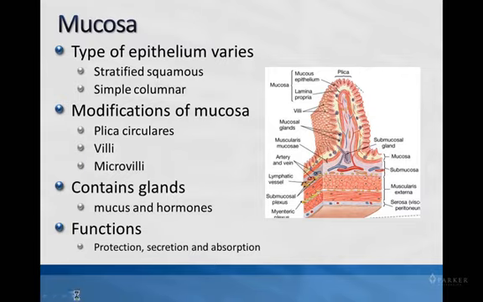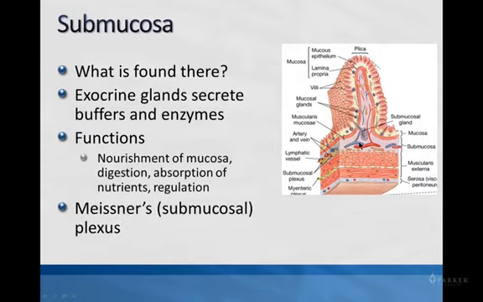Now if you look at it, you can start to notice the different things that are found there. So we have some glands. These glands are exocrine glands, and they secrete buffers and enzymes into the cavity of the GI tract, so they're going to serve roles in digestion and protection of the GI tract.